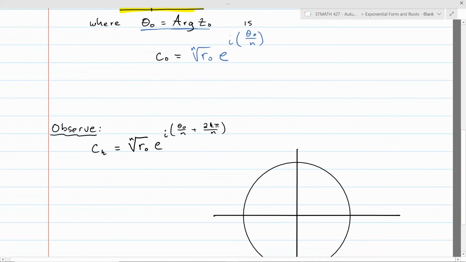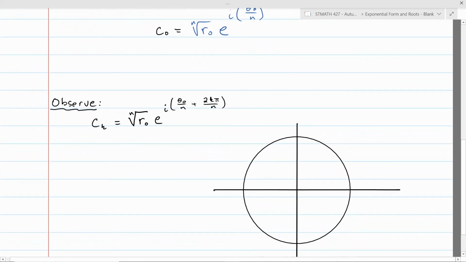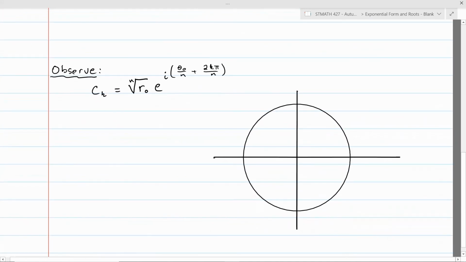And then the last observation that I wanted to make before we take off is the same observation I was making when we were doing the fourth roots of 16, that all those roots are going to be spread evenly around the circle. So in general, it looks like this. Let's say here's c0, and the angle that c naught makes with the x-axis is theta naught over n.